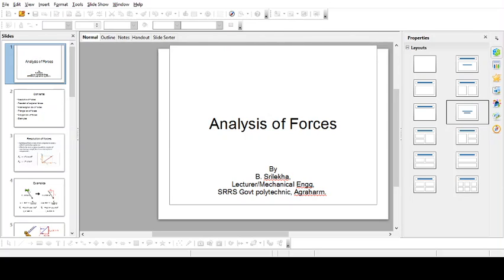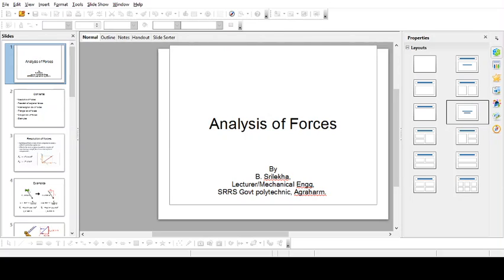So today we'll describe the various techniques of analyzing the forces. So in this presentation, we are going to have a brief idea about resolution of forces. Resolution is nothing but division of a single force into two forces.